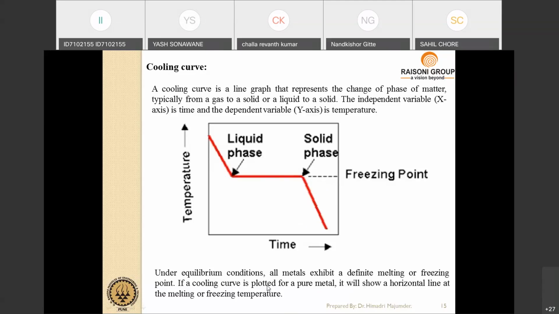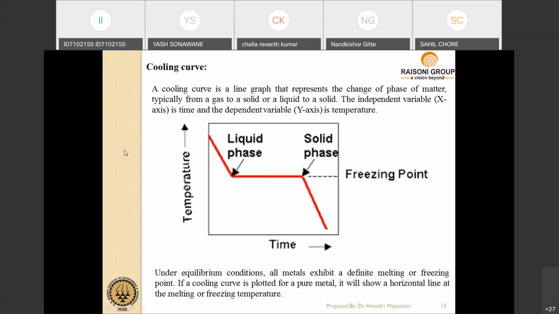If a cooling curve is plotted for a pure metal, it will show a horizontal line at the melting and freezing temperature. If it is not a pure metal, it will not follow a horizontal or straight line. You may find some curve, some other trend. So we understood what a cooling curve is.